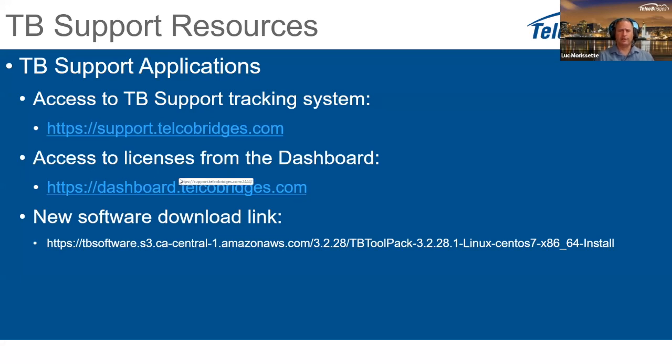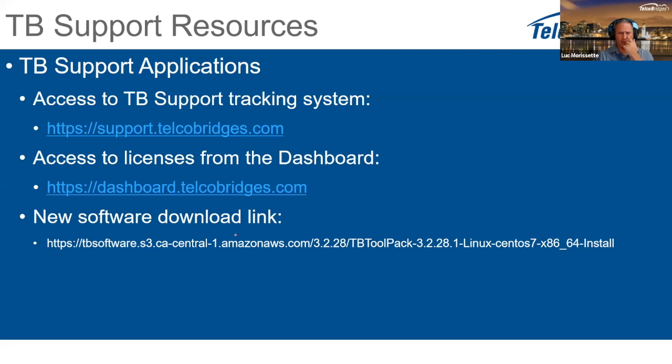Then there is access to licenses. If you want to change the licenses on the system, for example, you have 2 MTP2 links and you want to increase that to 4 MTP2 links, then we will create a new license, and you can go on the dashboard to get this license downloaded. You can have your account on the dashboard and download these licenses.